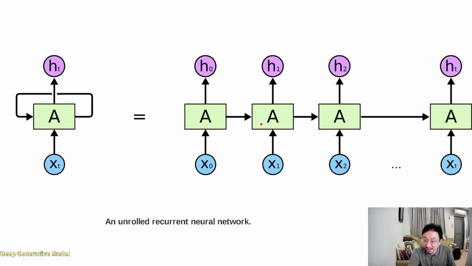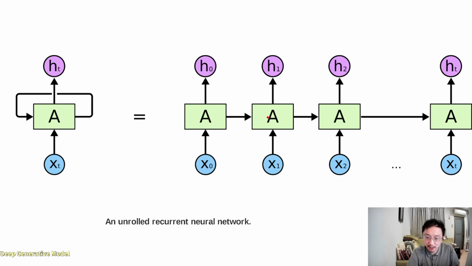We can call it the state. So we can chain all the computation together by using this simple black box, or maybe a neural network, and do the autoregressive model.